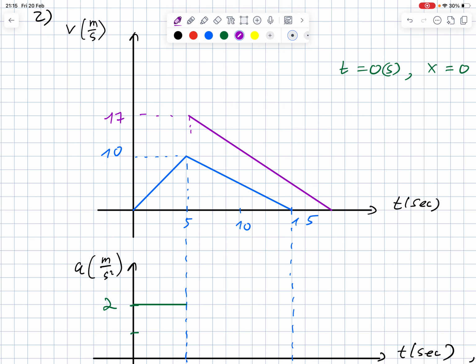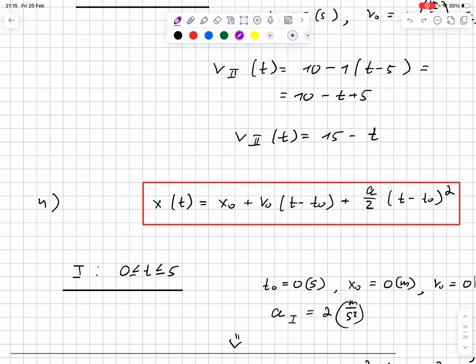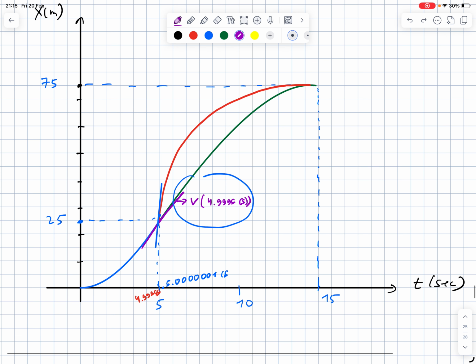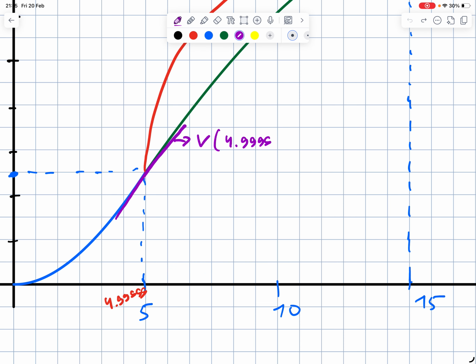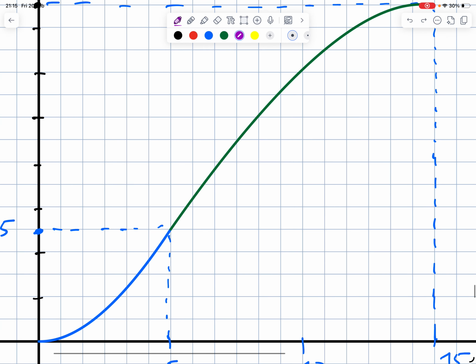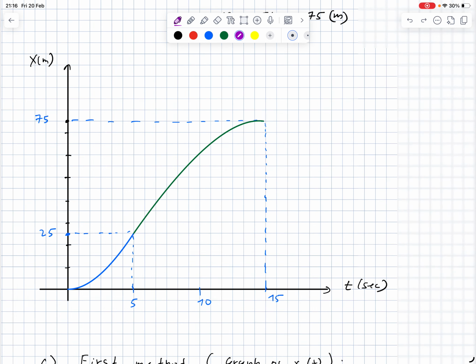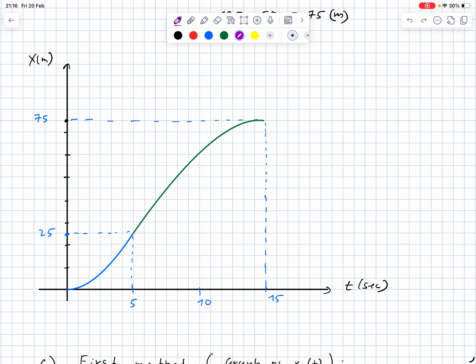We don't see this jump, so it means that the slope slightly before and slightly after 5 seconds should be the same. You see that it's very smooth at this point. I hope you understood this point.